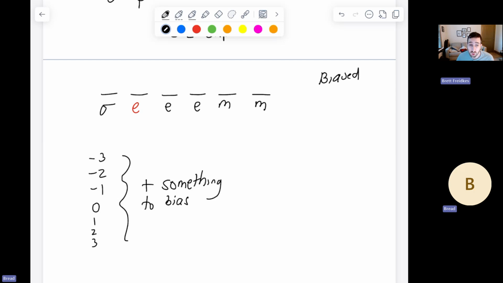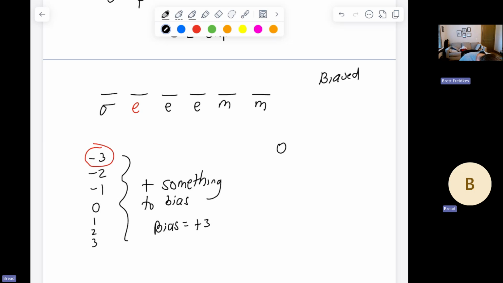What are we going to add? We're going to add 3 because the most negative exponent that is possible that we have to be prepared for is -3. And if we want to get rid of the sign, we have to add 3 to each of the exponents. Which means our bias is to add 3.